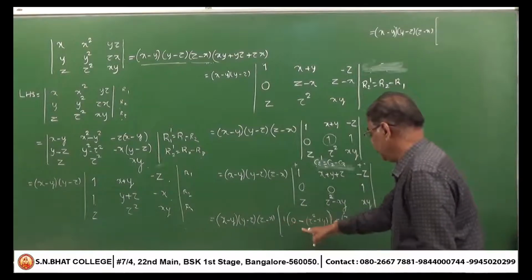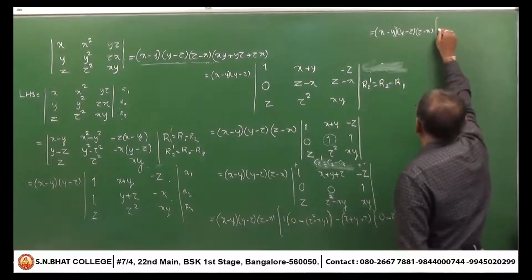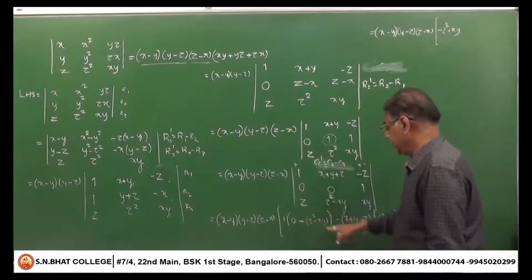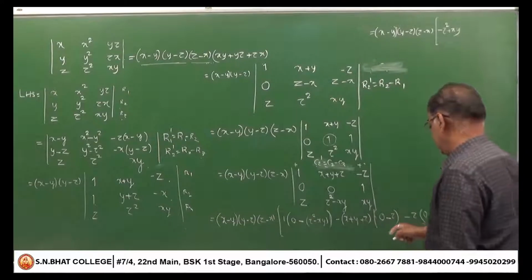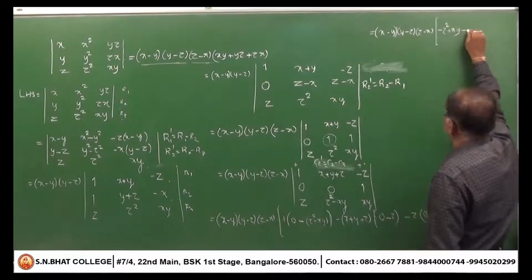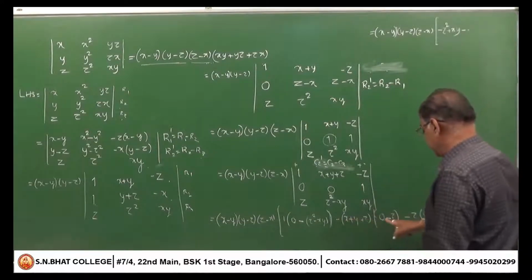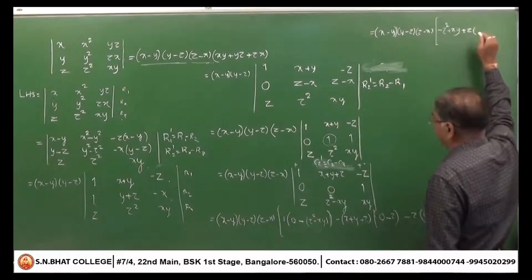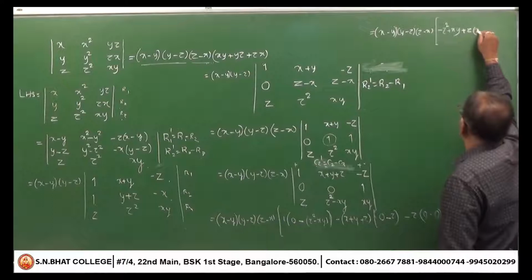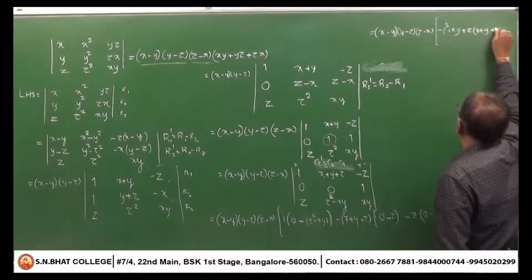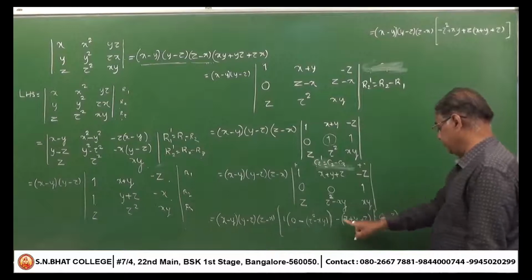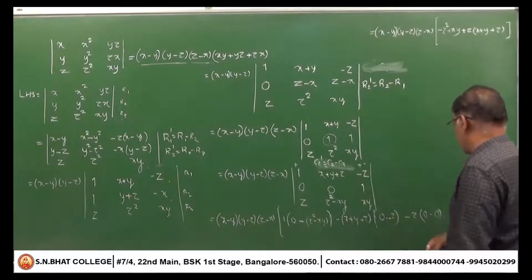This is 1 into this one is minus Z square plus XY. Minus Z square plus XY minus, here 1 minus is there, here 1 minus is there, it becomes plus Z into X plus Y plus Z. Z into minus plus Z into this term, the last term is 0.